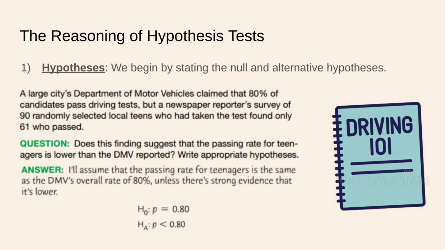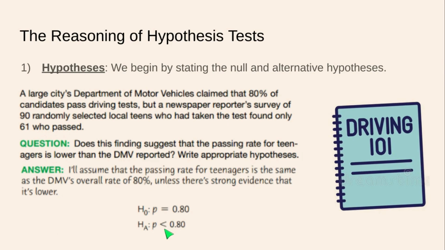We're going to say that we assume the passing rate for teenagers is the same as the DMV's overall rate of 80%. So that is the assumed population proportion, unless there is strong evidence, of course, that it's lower. So, appropriately, the null hypothesis reads, the assumed population proportion is 80%. But the alternative says it's less than 80%. Well, why not equals?